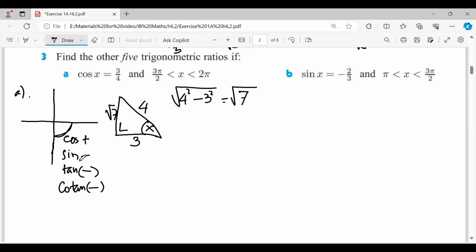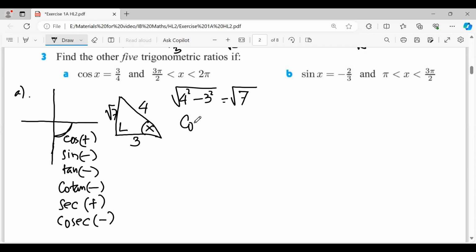Okay. Secant is the inverse of cosine. It means positive. And then cosecant is negative because it is the inverse of sine. Right.